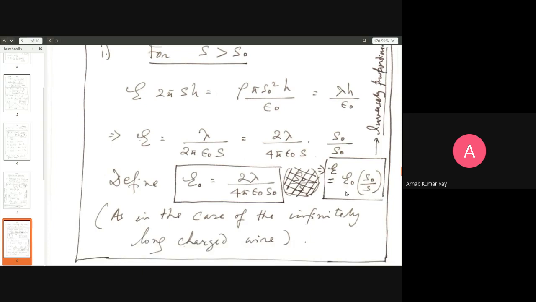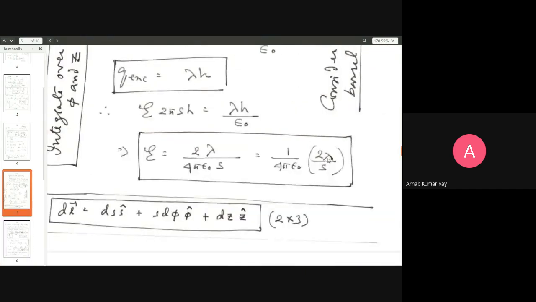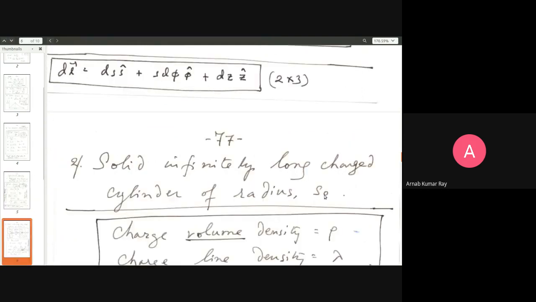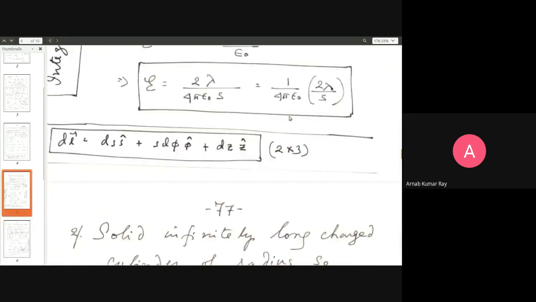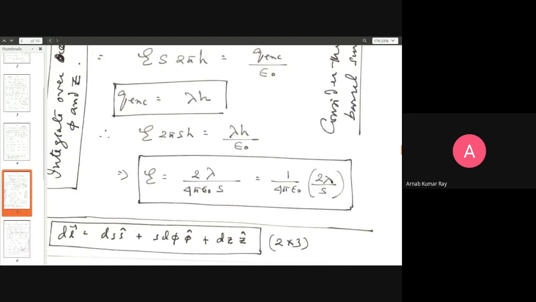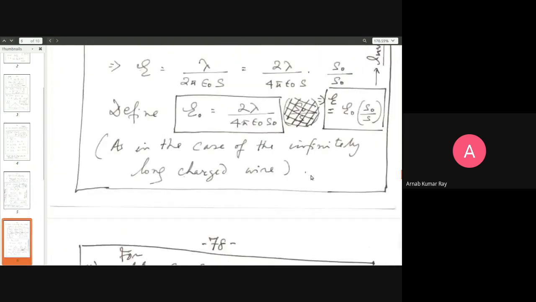So this is the same thing. E is equal to 2 lambda by 4 pi epsilon naught. If I cancelled the two S naughts here, it will be 1, then only this part will remain, and that is equal to the case that you have over here, twice lambda by 4 pi epsilon naught S. So that is as in the case of an infinitely long charged wire.